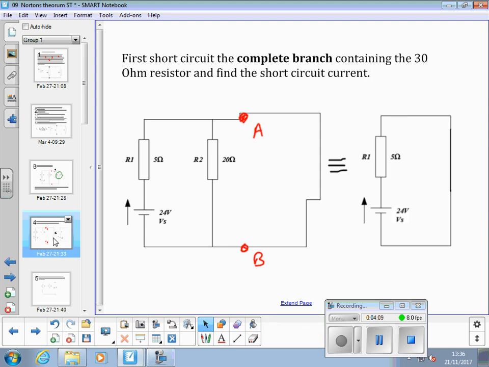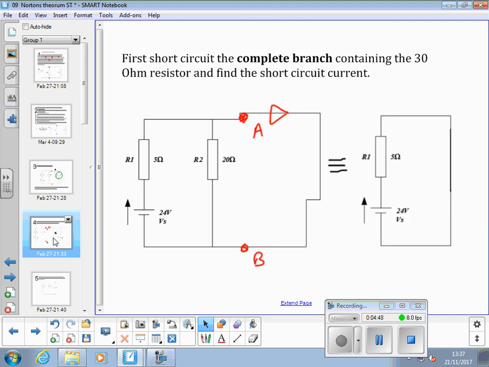Right, now we can say that's equivalent to the voltage source and just the R1 resistor, because if this is an ideal short circuit, all the current is going to go that way and none of it's going to bother going through the 20 ohm resistor, because this is a perfect short circuit, therefore we've effectively shorted out that resistor. No current will go through it. You all understand that? Yeah?